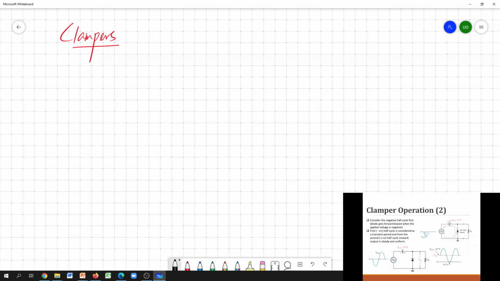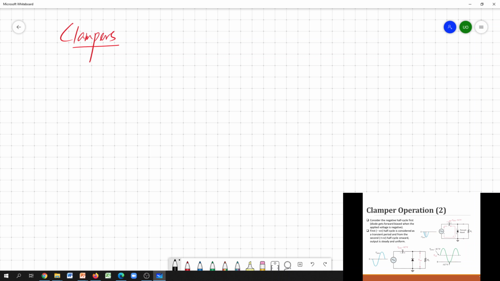Depending on the barrier voltage of the diode or the external DC sources we add as bias voltages, we can simply clip the input signal as we wish. Either we can clip the input signal on the positive cycle, or on the negative cycle, or on both the positive and negative cycles. So this time we may discuss the clampers.